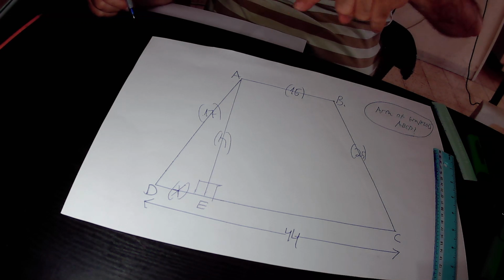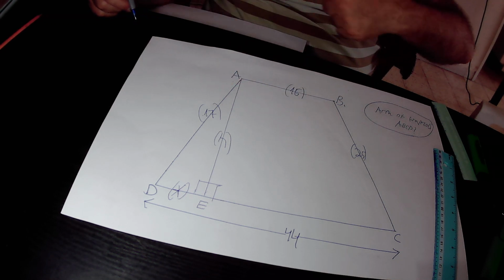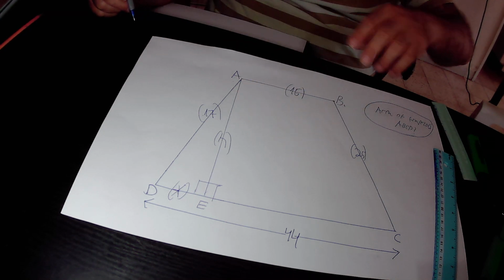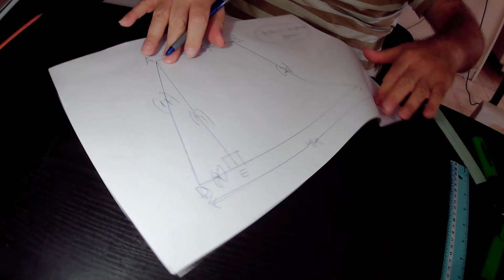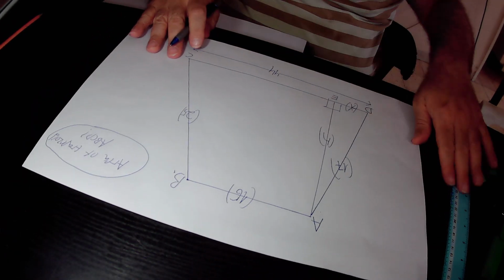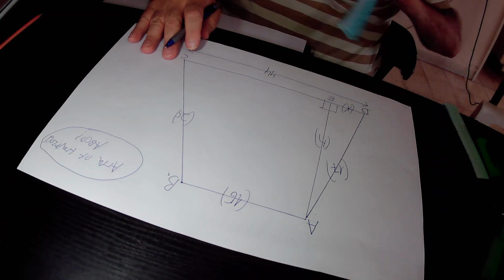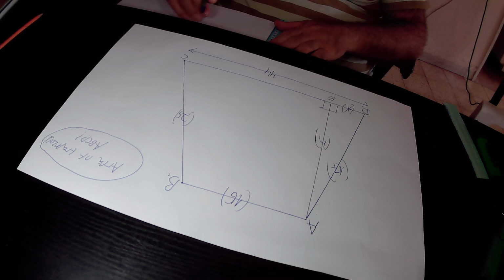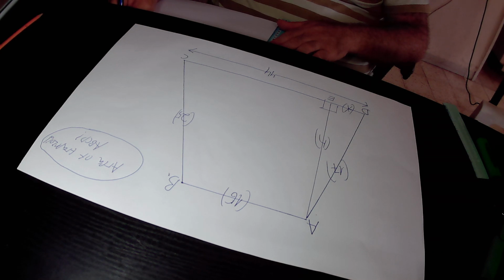So in the next step, I'll copy the right triangle AED onto a new page, and we will apply the Pythagorean theorem to this right triangle, triangle AED. Here PT is the equation for the Pythagorean theorem.